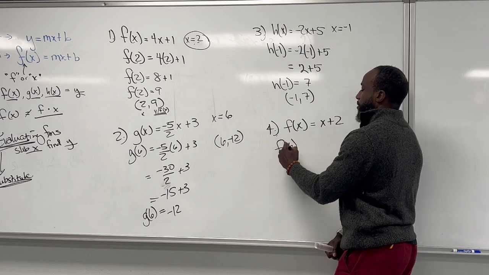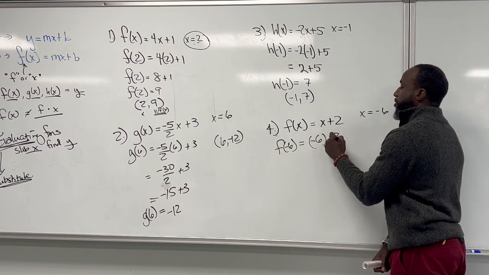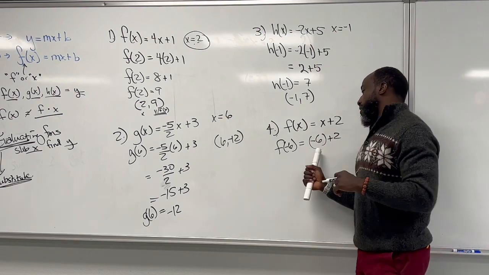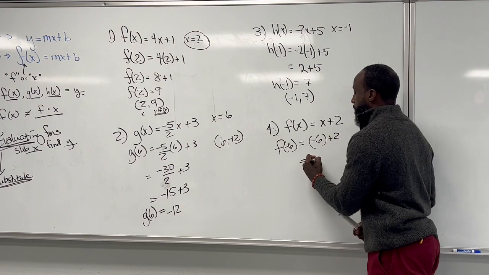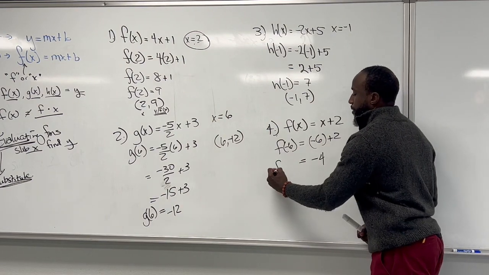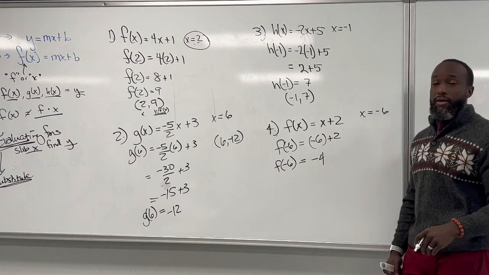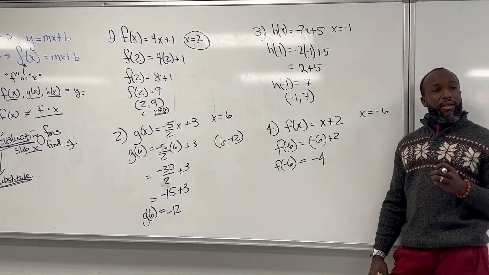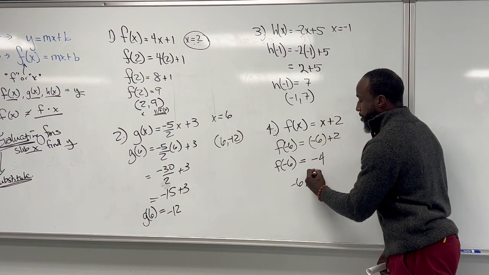Negative 6 for x. And then it'll be negative 6 plus 2. Different sign, subtract. Keep the sign of the bigger number, then you'll be exact. So you got f of negative 6 equals negative 4. How many students had that? Good. So your ordered pair was negative 6, negative 4.